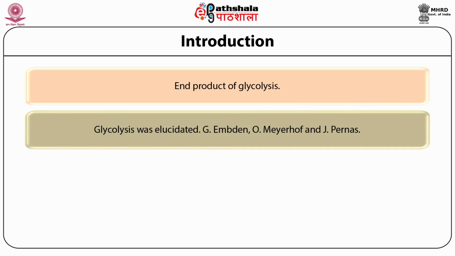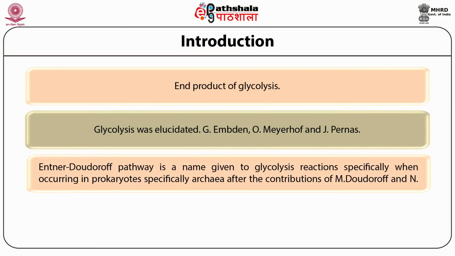Similarly, many other scientists like Neuberg, Warburg, and Cori have significantly contributed in shaping the present knowledge of glycolysis and its related biosynthetic mechanisms in a cell. The Entner-Doudoroff pathway is a name given to glycolysis reactions specifically when occurring in prokaryotes and archaea, after the contribution of Doudoroff and Entner.